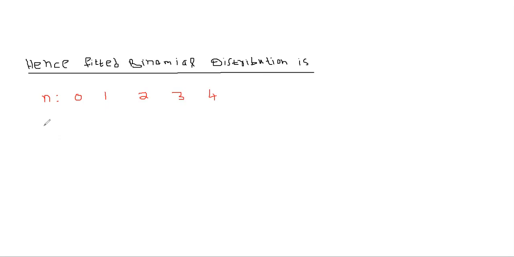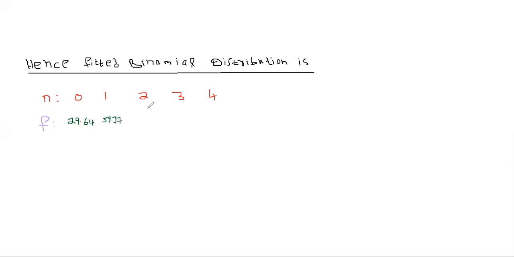So for 0, what is the answer you got? For r is equal to 0, what is the answer you got? 29.64. For 1, what is the answer you got? 59.27.